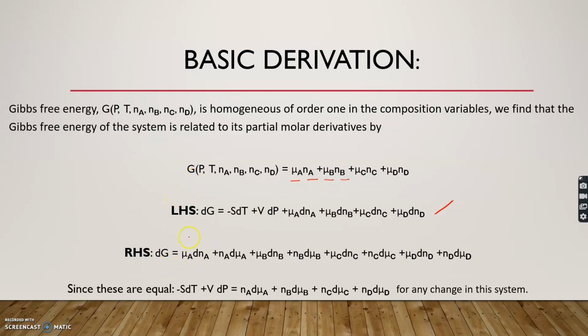So dG is equal to, first, mu A is constant, then dNa, plus now Na is constant, then d mu A. Similarly for the other components, plus mu B dNb plus Nb d mu B, plus mu C dNc plus Nc d mu C, plus mu D dNd plus Nd d mu D. Since the left hand side and right hand side are equal, we get minus S dT plus V dP equal to Na d mu A, Nb d mu B, Nc d mu C and Nd d mu D, and the other terms cancel out.